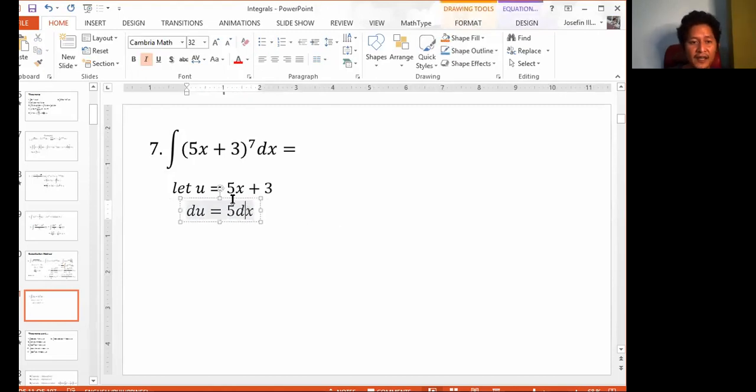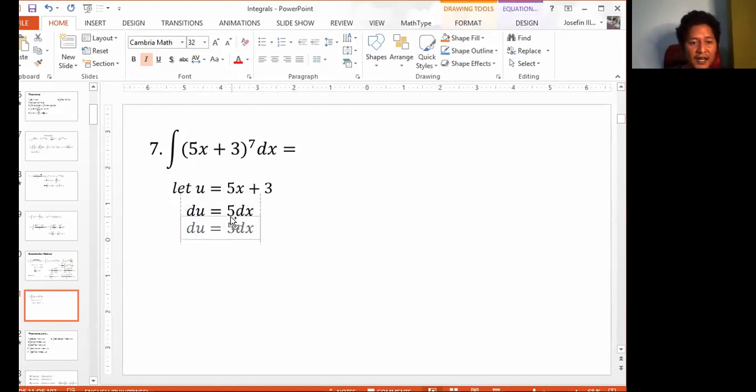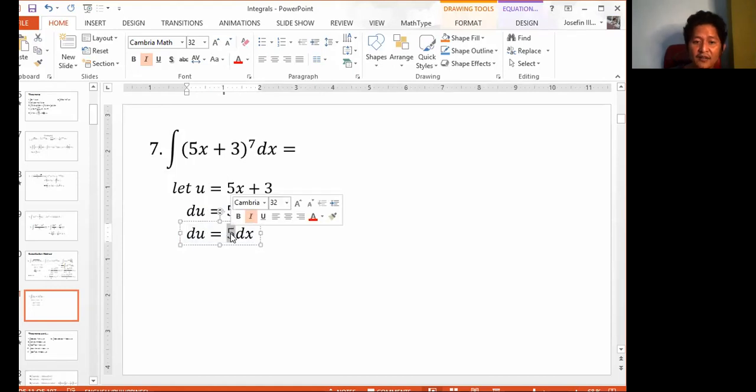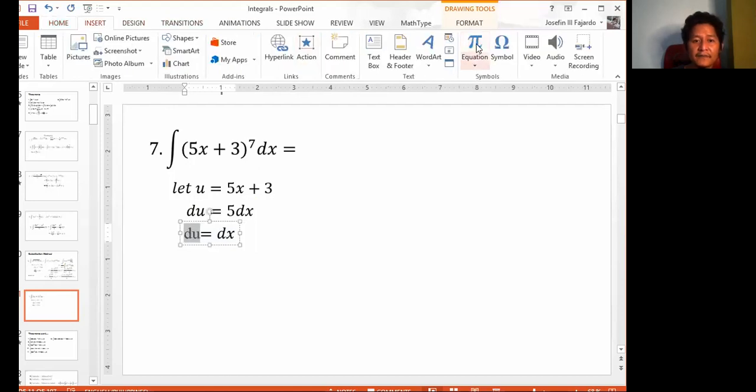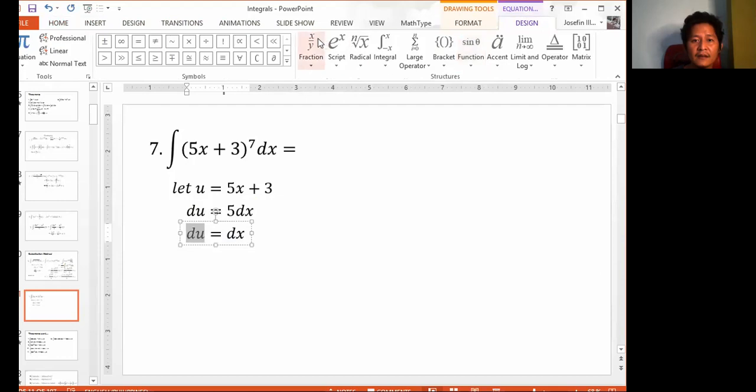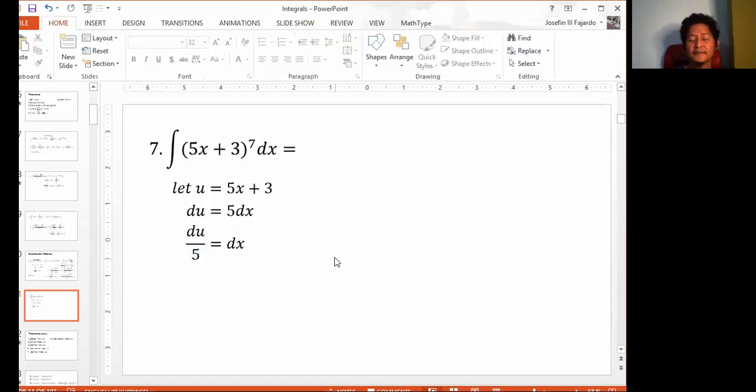Okay? And then finally, ang kailangan natin kasi dito ay dx lang. So we just remove the 5, or we divide both sides by 5. So yung du, i-divide natin ito ng 5, du over 5.